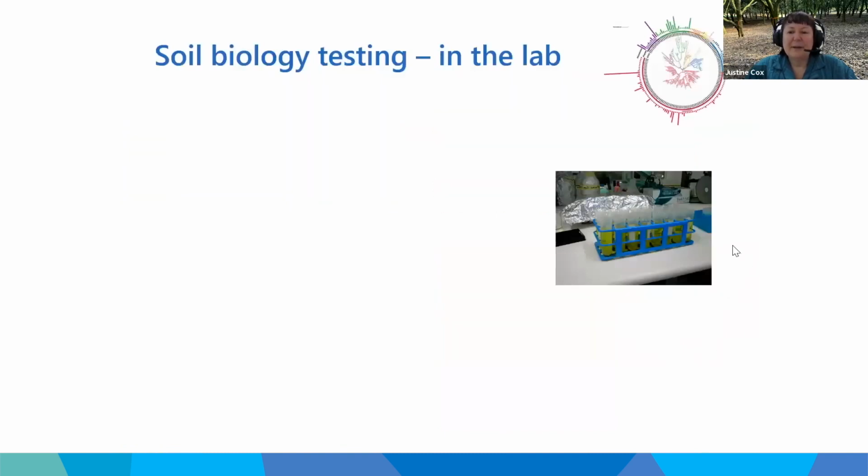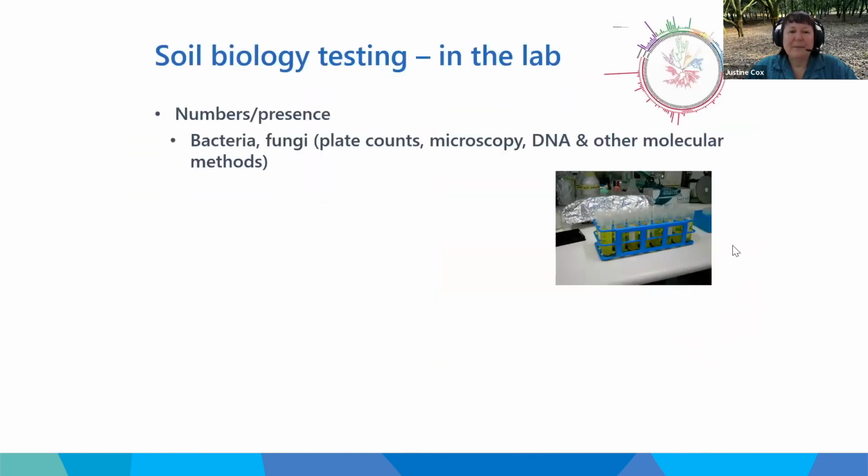So in the lab, we can count numbers or presence of organisms, and we can do that in bacteria and fungi. We can do that with plate counts, which grow them on agar, or by looking down the microscope, but more popular and more encompassing is DNA and other molecular methods. You get all of the DNA of everything in the soil.